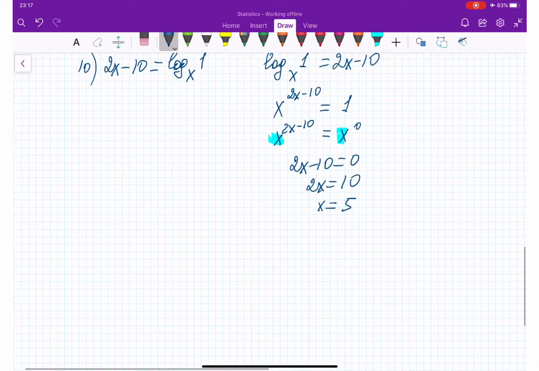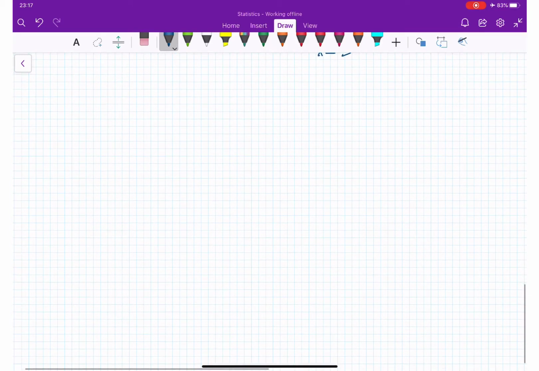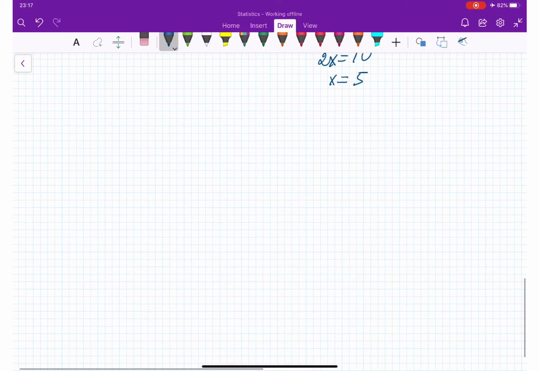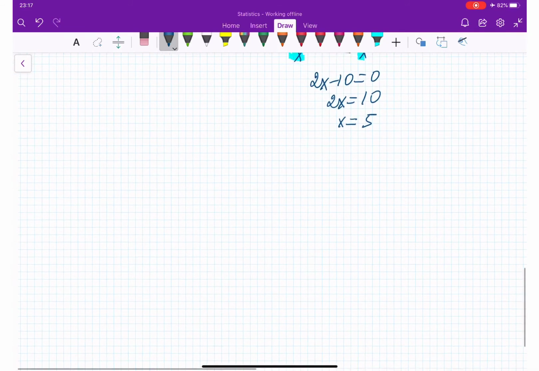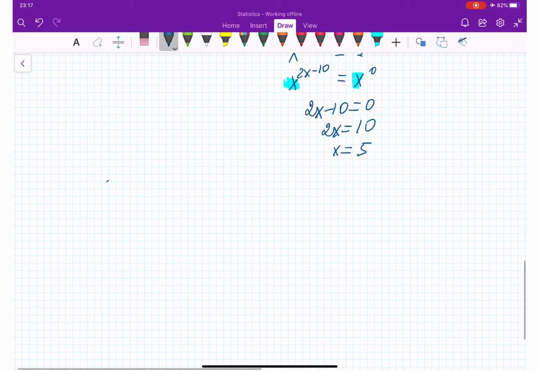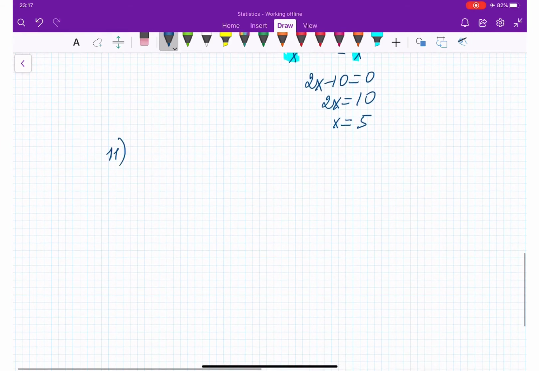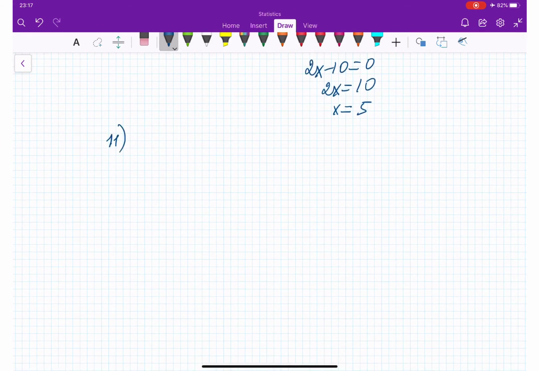Problem number 11. Now we are going to graph logarithmic functions. So we need to draw the graph f of x is equal to logarithm x by base 3 plus 5.